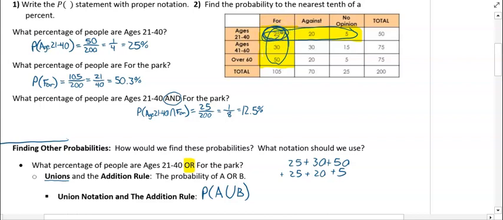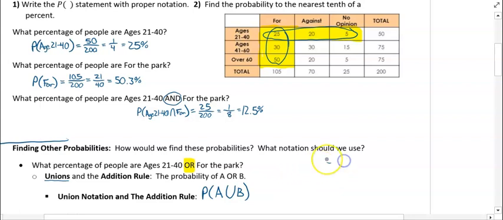And when we do that, obviously, we're overcounting or overrepresenting those individuals. So we want to get rid of them. And that's where our addition rule comes in. We want to take care of this, and the easiest way to do that is just to subtract that value. Now, it's really easy to see here, but let's look at what that's going to look like in a formula.